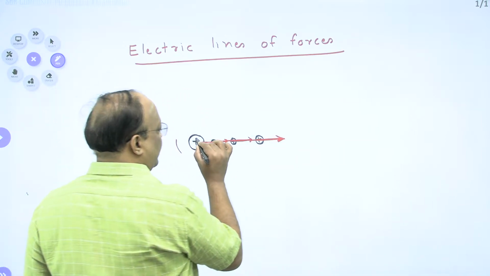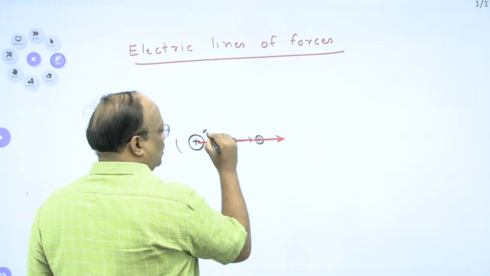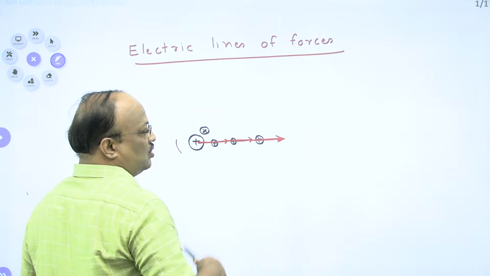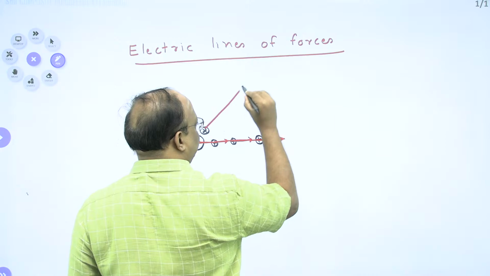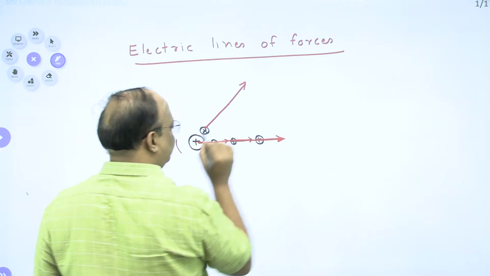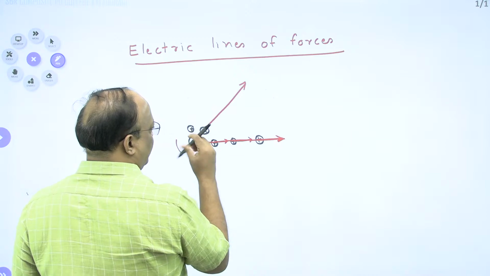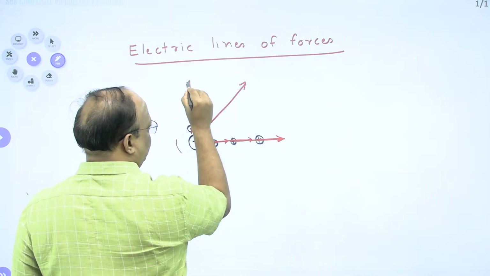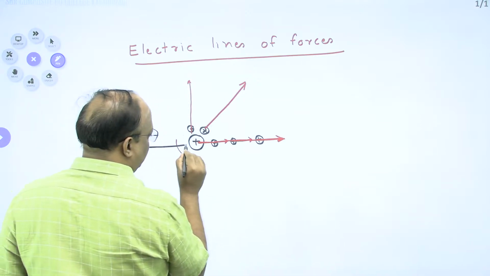The same way, if I keep the positive charge here, it starts to move in this path. If you keep this positive charge here, it will start to move in this path. If we keep it here, it will move in this path.